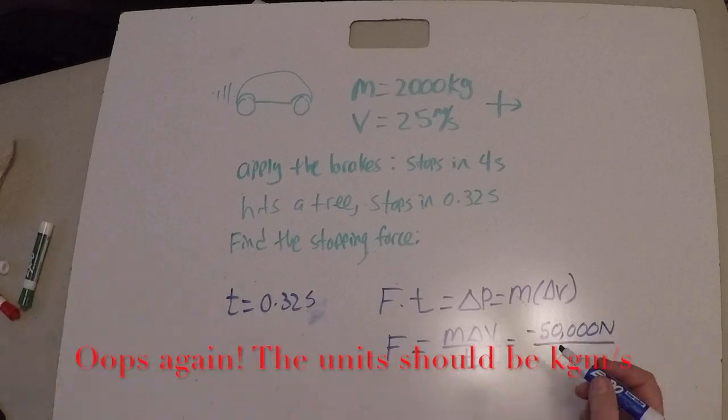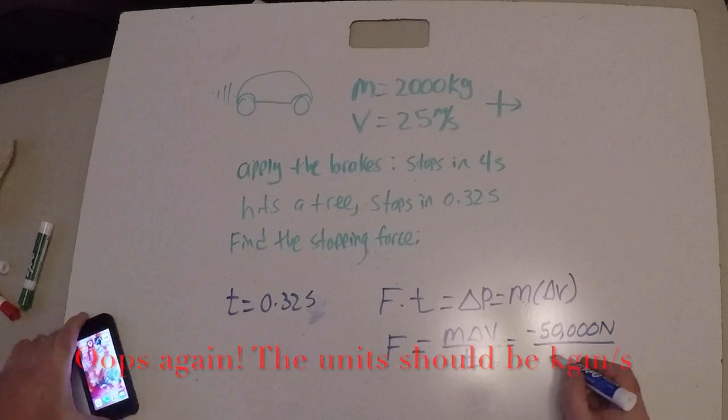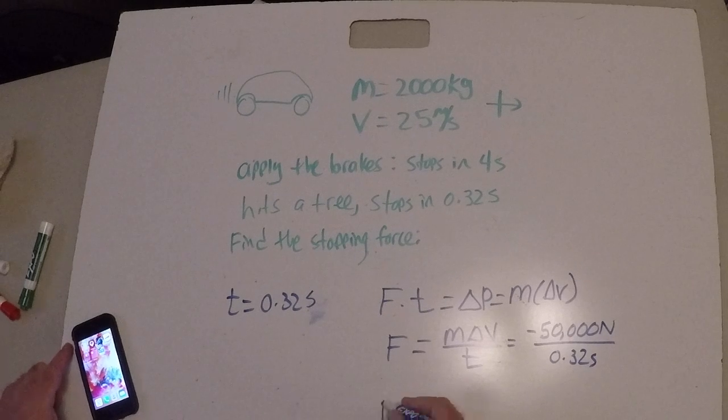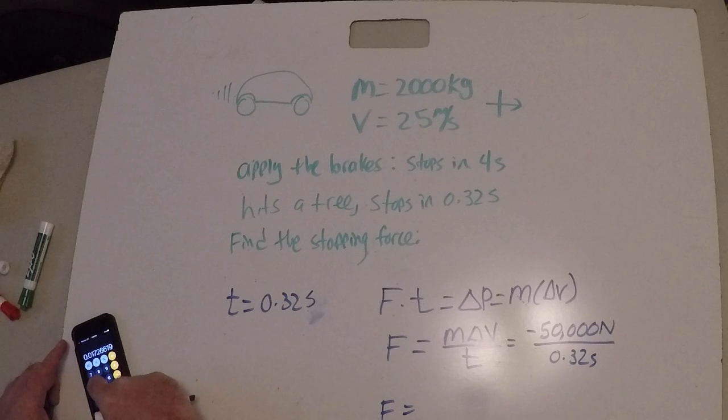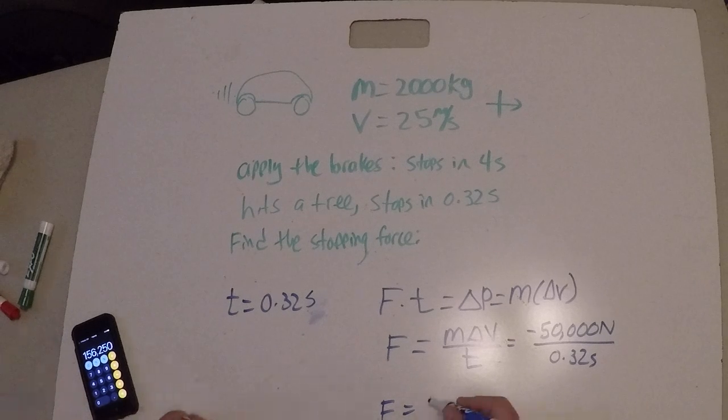And the time in this case is 0.32 seconds. So the force is just going to be equal to negative 50,000 divided by 0.32 seconds, and it's still negative because the change in momentum, the impulse, is negative.